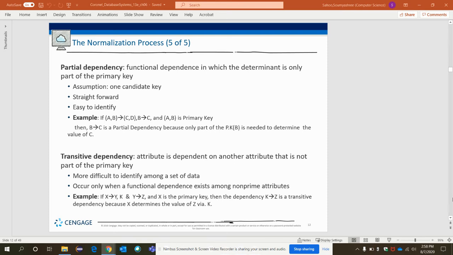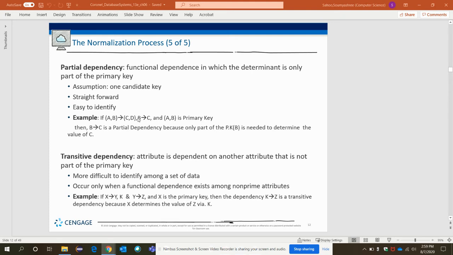So the first concept is partial dependency. What does it mean? First, to understand functional dependency, let's say there are two variables, B tends to C, and here the B attribute values can determine the values of the attribute C. That's what a functional dependency is.